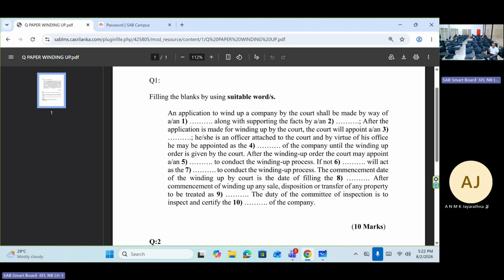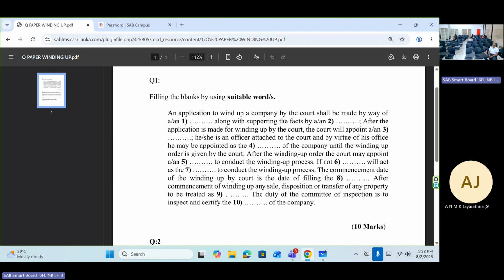Official receiver, or we can say provisional liquidator, the same party. By virtue of his office, the official receiver is appointed as the provisional liquidator, and will act as the liquidator to conduct the winding up process.